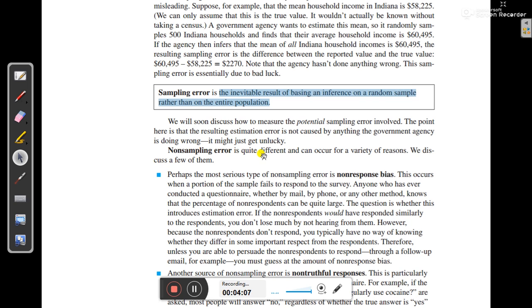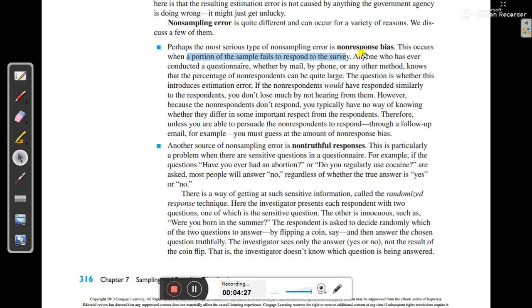And what are non-sampling errors? They are quite different and can occur for a variety of reasons. We discuss a few of them. Perhaps the most serious type of non-sampling error is non-response bias. This occurs when a portion of a sample fails to respond to the survey. Then there are non-truthful responses. Sometimes while we survey, non-truthful responses might come, like to the questions: have you ever had an abortion, or do you regularly use cocaine.